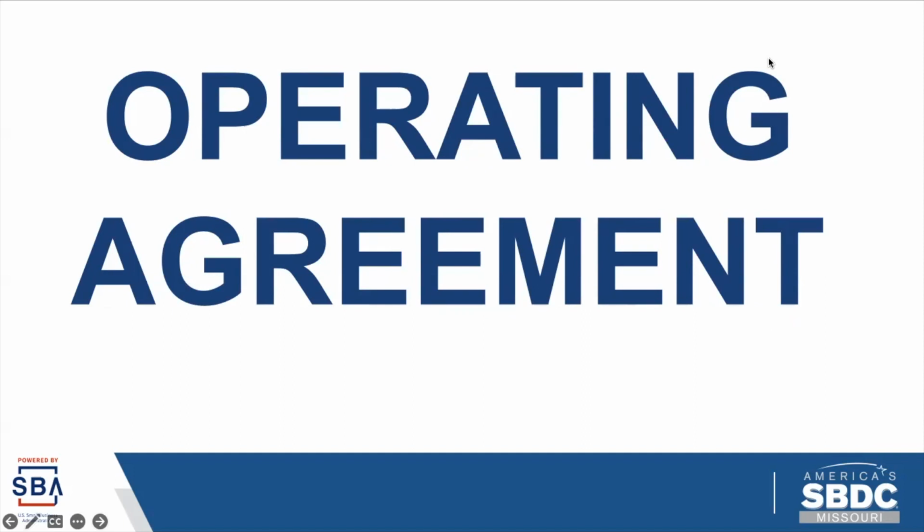So you have to either find a lawyer that can put it together with you, or you can use a template. So in some cases, that's okay. You can go and search LLC operating agreement template and find different ones online and use one of those. But we do recommend that you talk it through with a lawyer to make sure that your operating agreement matches up with your business and your situation and your needs.